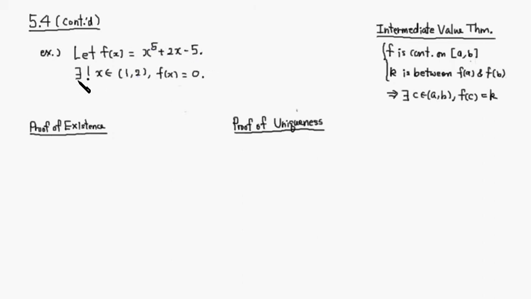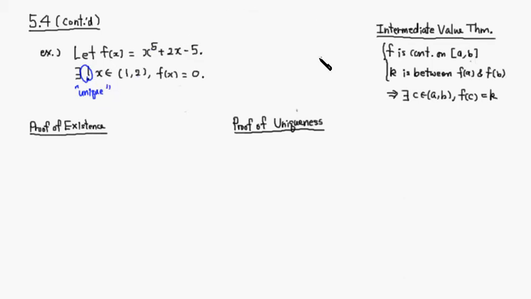Then there exists a unique, so this is a symbol for unique, x value between 1 and 2 such that f(x) = 0. It just means that there's going to be an x-intercept between 1 and 2, and there's only one of them.